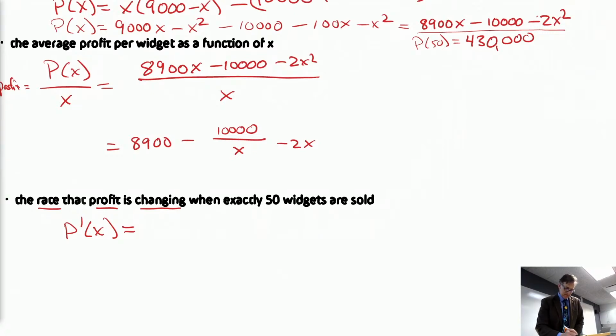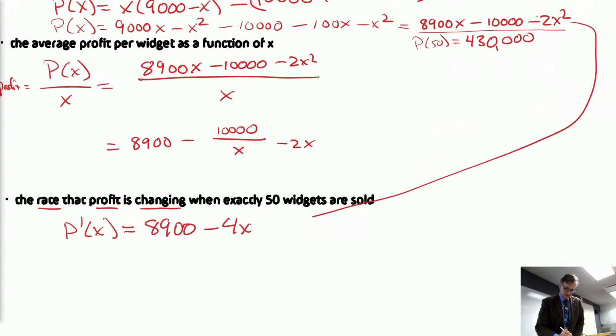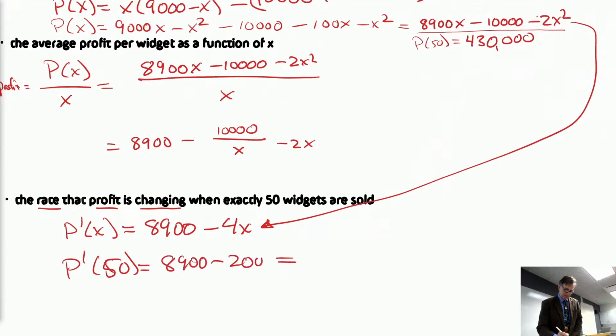But let's do this. We do the derivative here, 8,900 minus 4x. I think that's going to do it, isn't it? So that's the rate at which the profit is changing. And then we just want to do P prime of 50. Sorry, 50 is 8,900 minus apparently 200. 4 times 50 is 200. And that'll be 8,700.